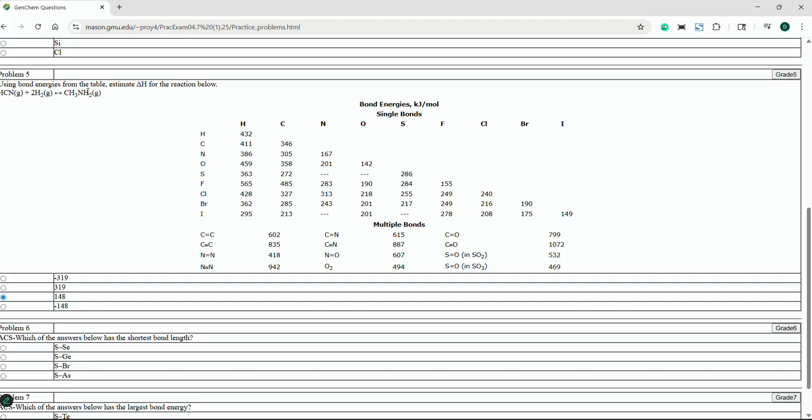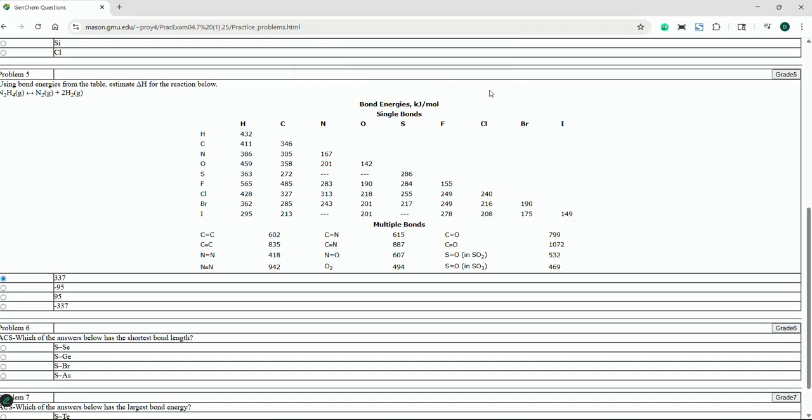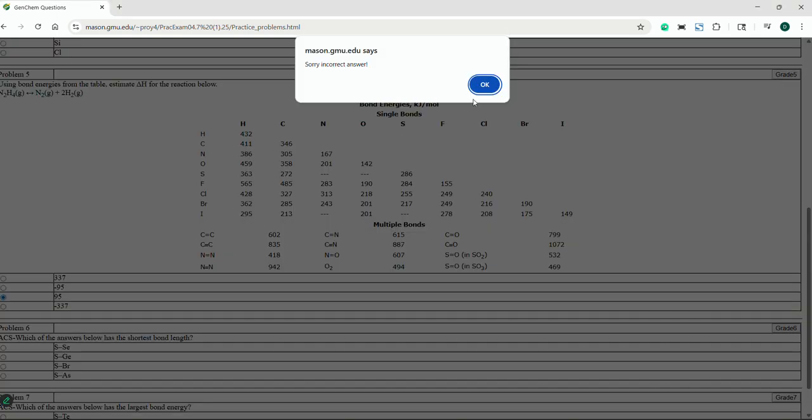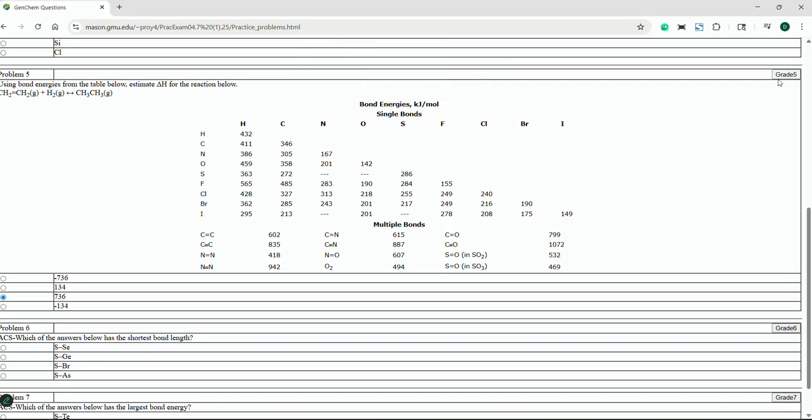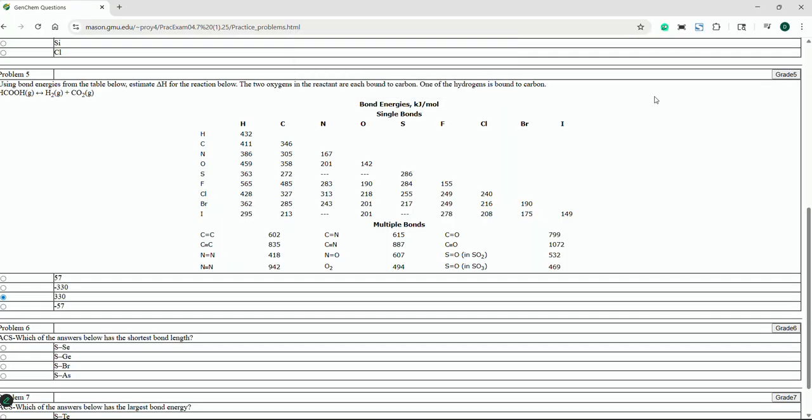It was this one, right? It was 95. It wasn't 95. Okay, wait. Let's see. I think your answer was negative 95. Negative 95? I don't think so.